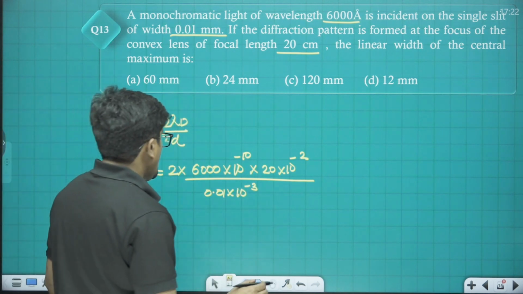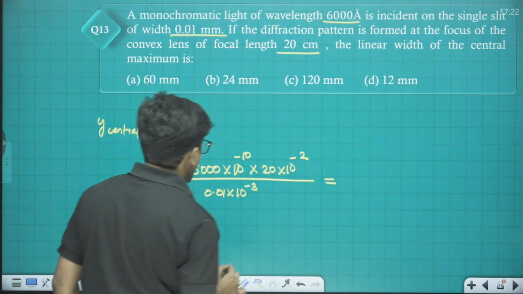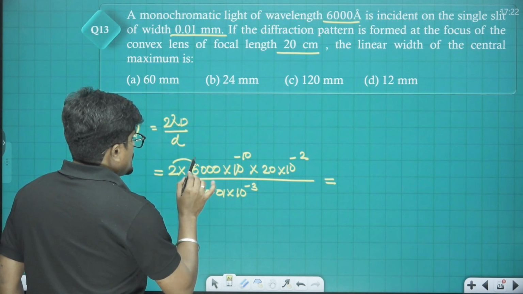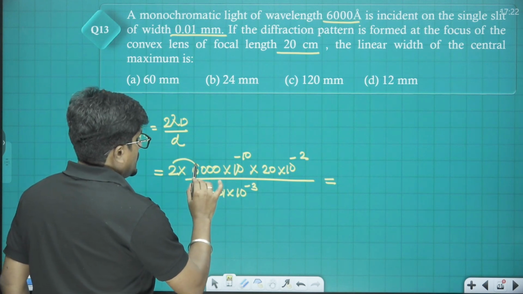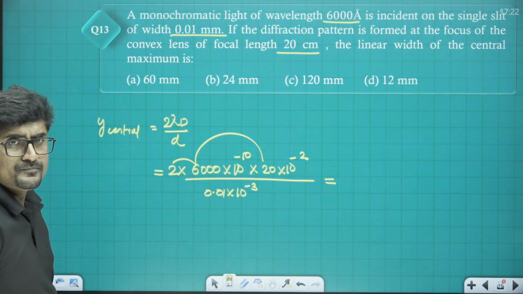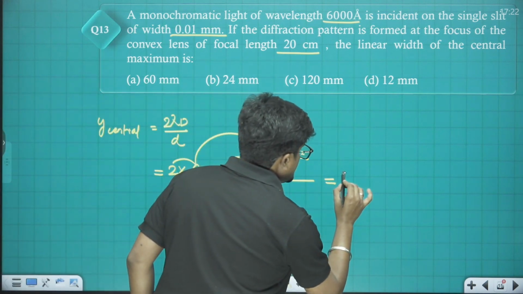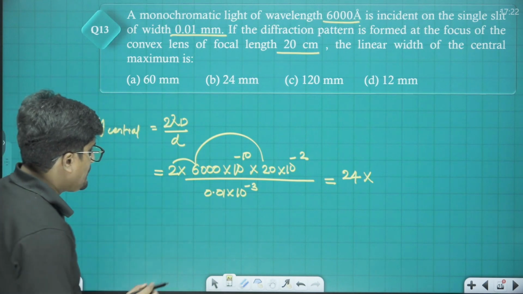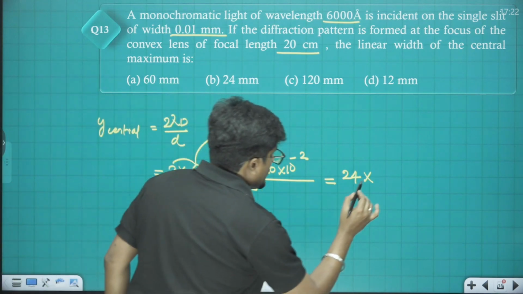Okay, now let me rearrange this first. 6 2s are 12 and 12 2s are 24, so here this is 24 into, what I have over here, this is 10 to the power 3.